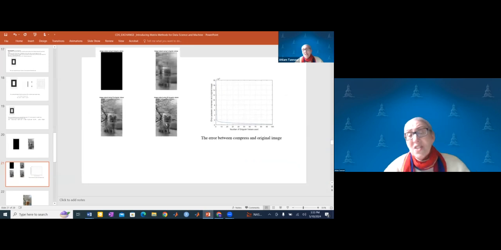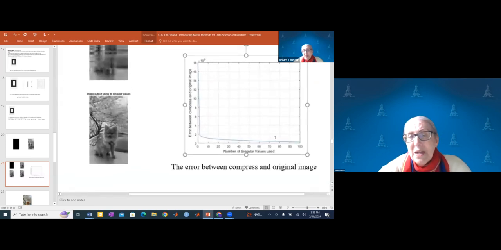And because most of the time I'm teaching math and engineering, I would like them to plot the error between the compressed image and the original image. This is important for me because at one point there is no need to use 50 singular values. Imagine we do have 400. At one point, we're gaining nothing with the error.